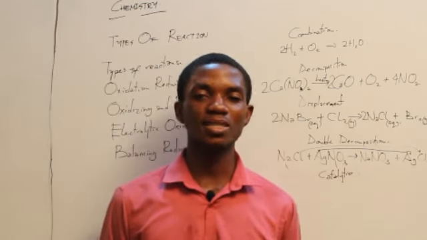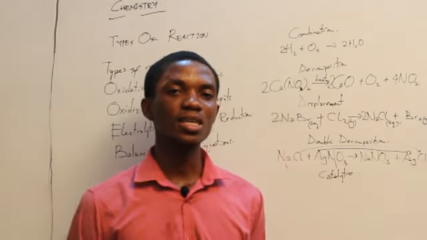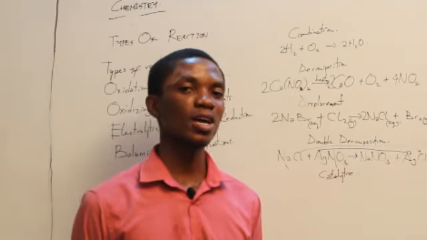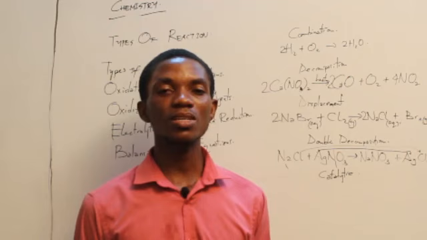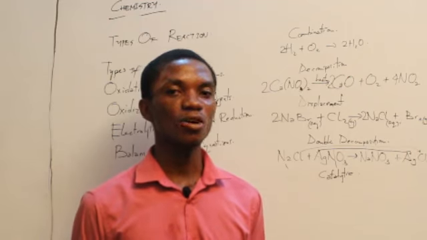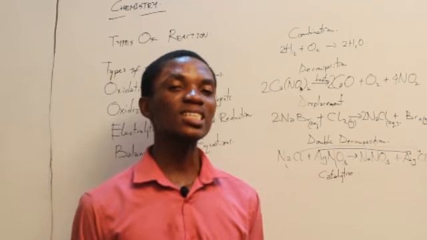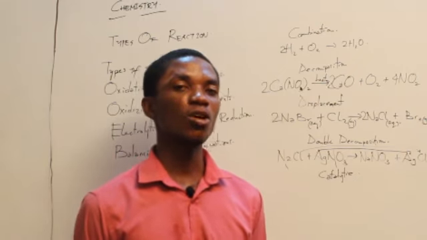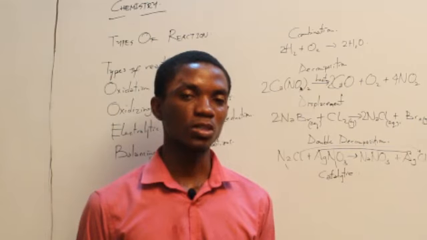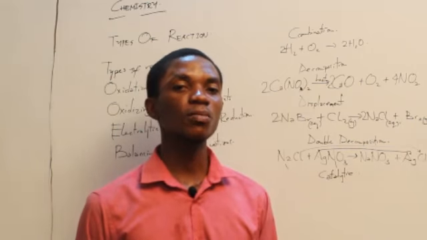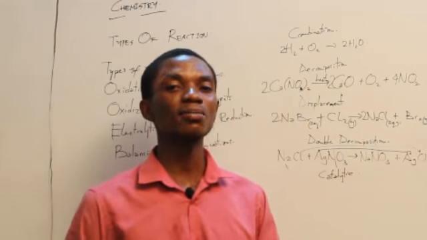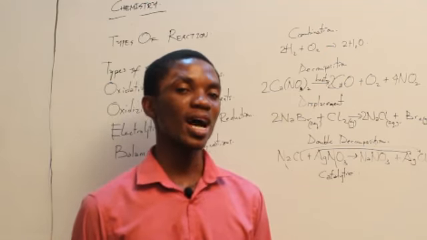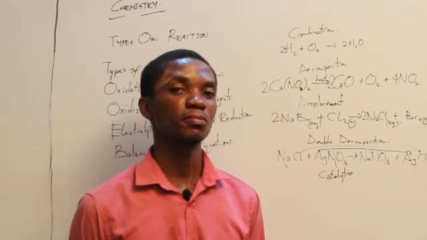So that makes us ask ourselves, what is a catalyst? A catalyst is a compound which is involved in a particular chemical reaction so that it makes the reaction occur faster or even occur at all, and it is itself not depreciated or diminished in the course of the chemical reaction. In other words, a catalyst is a compound which does not take part in the chemical reaction but helps the reaction to occur at a faster rate.